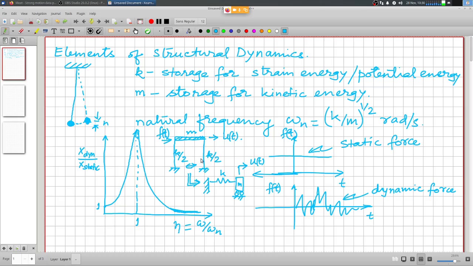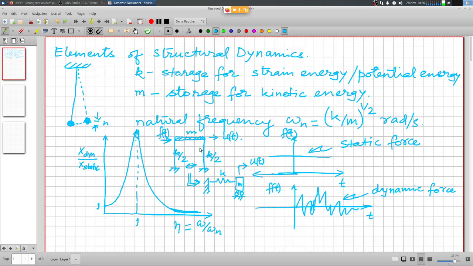This is the critical element. If these columns fail, then the entire structure is gone. So we have to determine the maximum force that we can expect in the structural system during the application of this dynamic load, and we need to design for that.